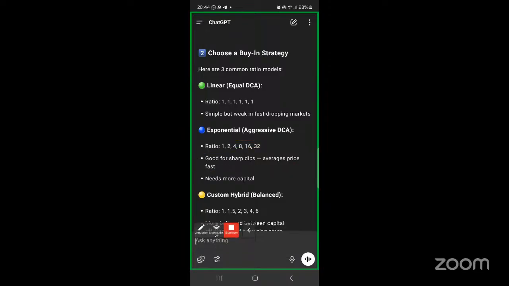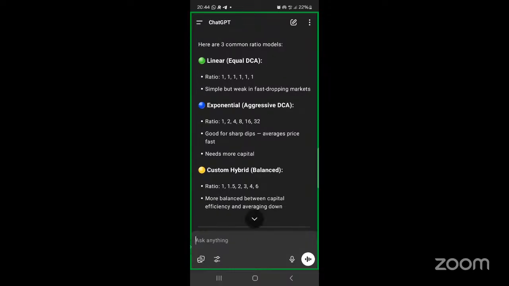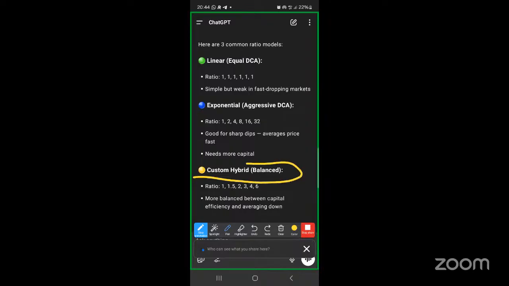But today, I am introducing you to a simple one. What I want you to know is how you come up with these. The other one we have seen is what LoyalToO has suggested for us, which is the exponential. Okay, it's aggressive, but then we have another one, which is the custom hybrid.